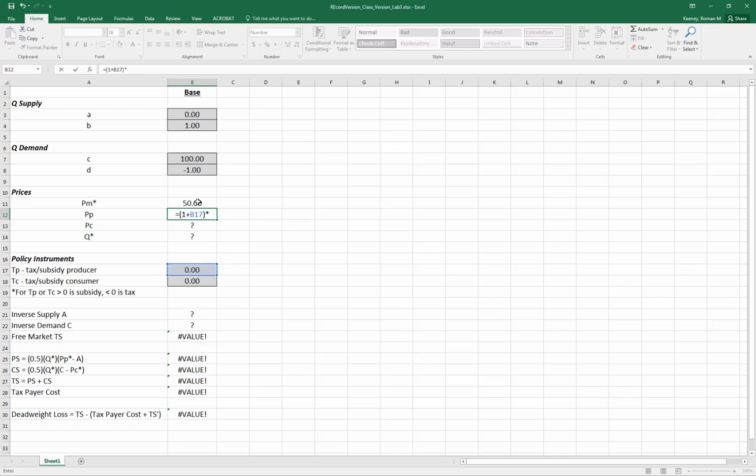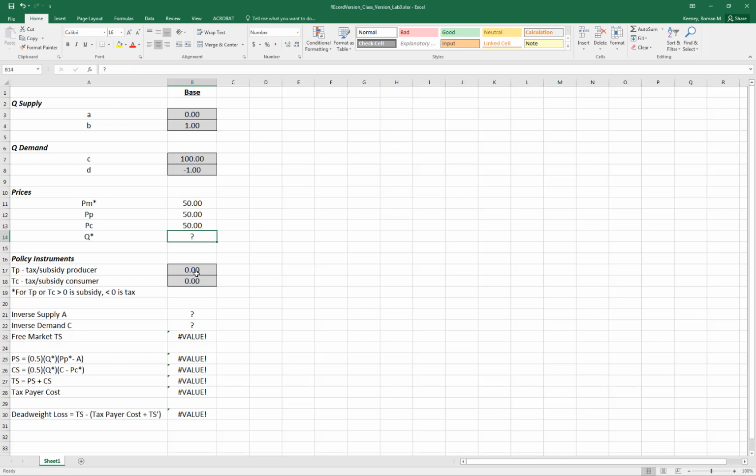That was our price linkage equation, and that's what goes in that block right there. So 1 plus B17 times B11. Remember, the consumer price linkage equation is a little different. It has a negative sign, so we're going to go with equals, open parentheses, 1 minus the consumer tax subsidy rate, and then we'll multiply that by the market price.